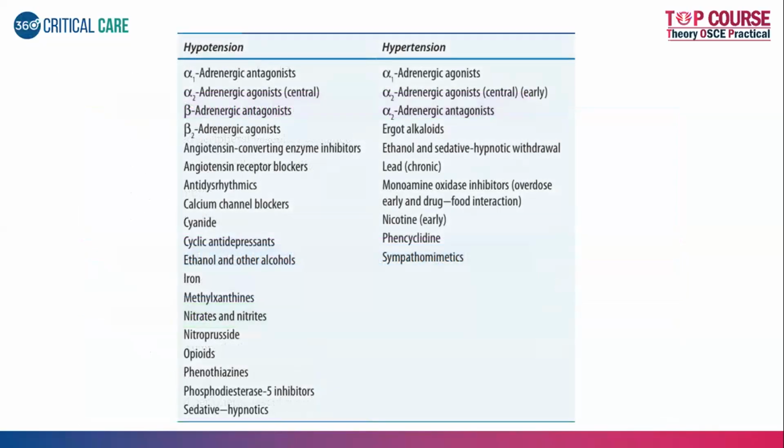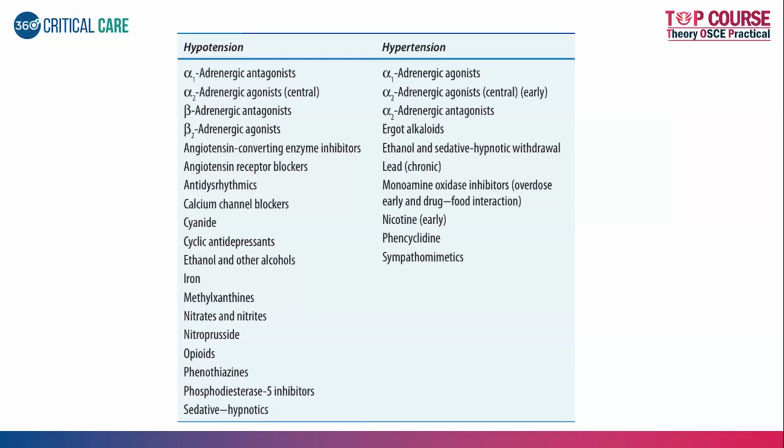Now, when they ask about the toxidromic approach and you write about each sign and symptom, then for the vital signs, at least mention 5 to 6 important drugs which cause either hypotension or hypertension. For hypotension, we all know beta blockers, calcium channel blockers, ARBs, ACE inhibitors, tricyclic antidepressants, ethanol, opioids, sedative hypnotics, the most common drugs.